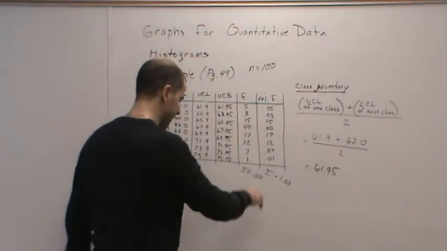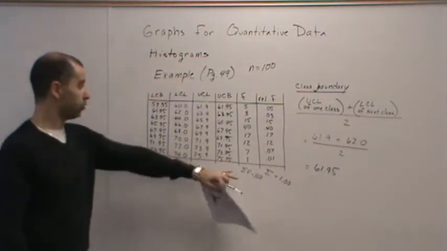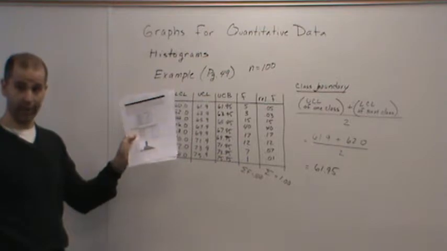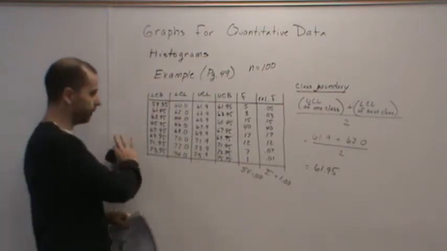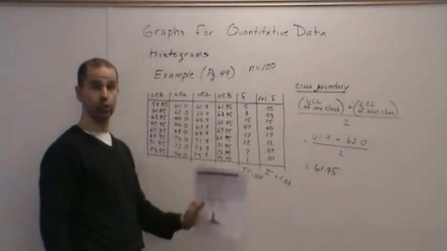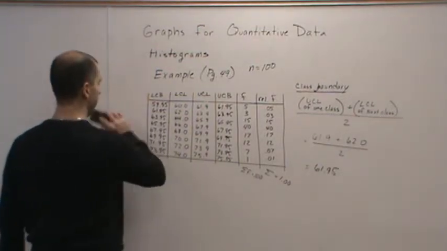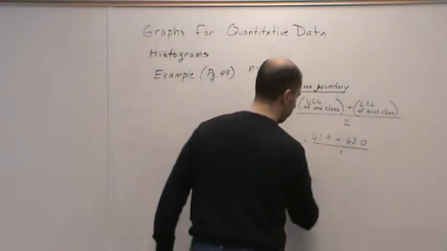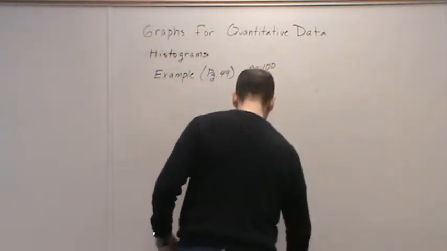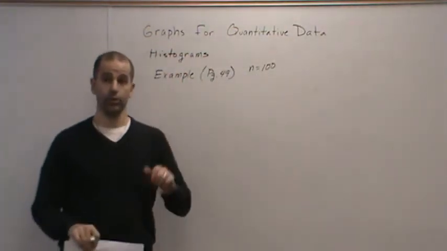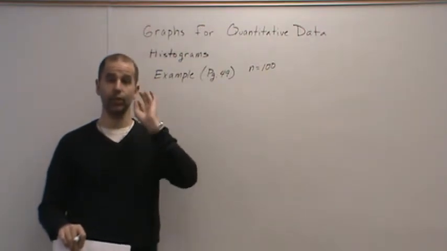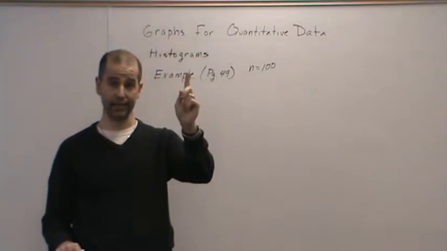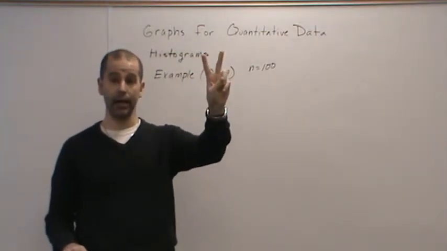Okay, so I'm going to erase this. Again, this is how I would construct my table instead of what they did in the book. It's a little less work, and everything is on one table instead of 2 tables. Now, I'm going to use this table to plot 2 things.